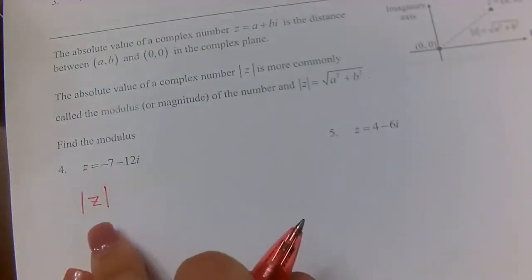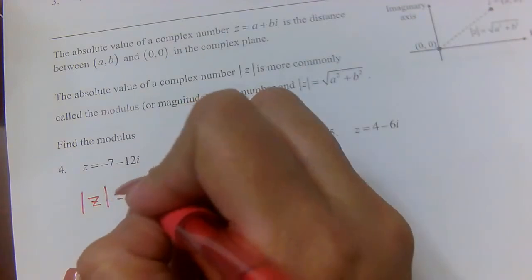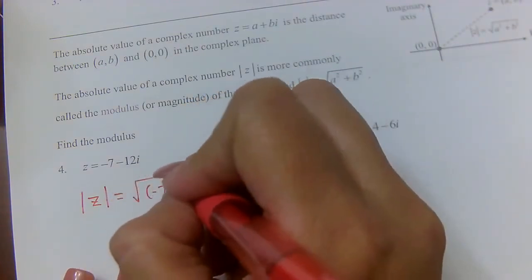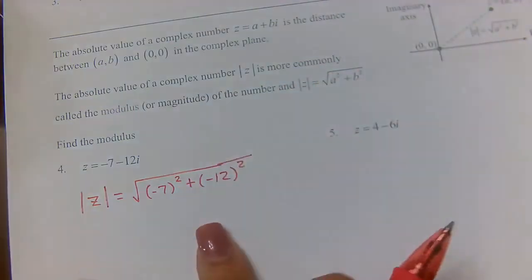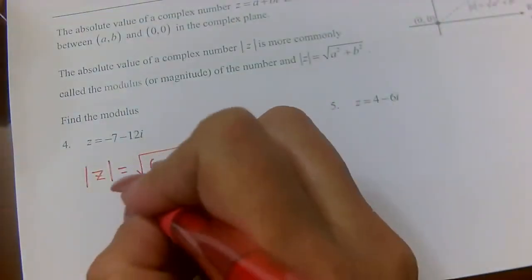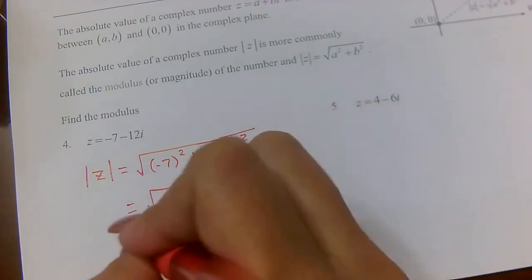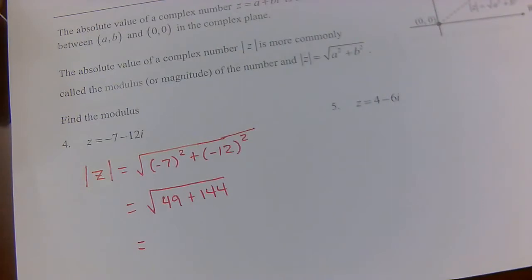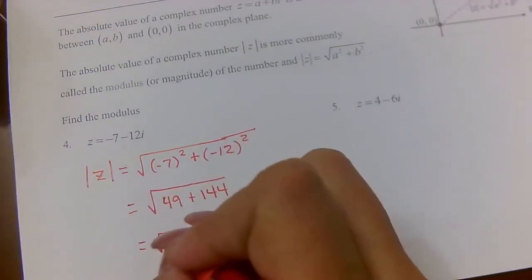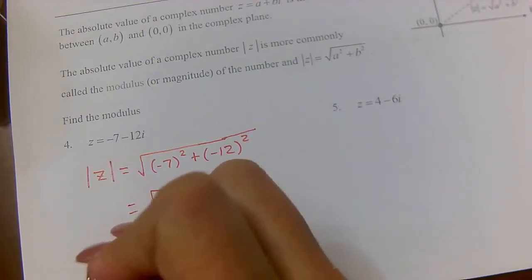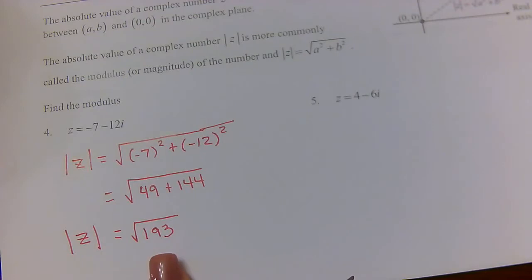The magnitude of z is equal to the square root of (-7) squared plus (-12) squared, which equals the square root of 49 plus 144. Let's use our calculator. You should get the square root of 193. So the magnitude of z will be the square root of 193.